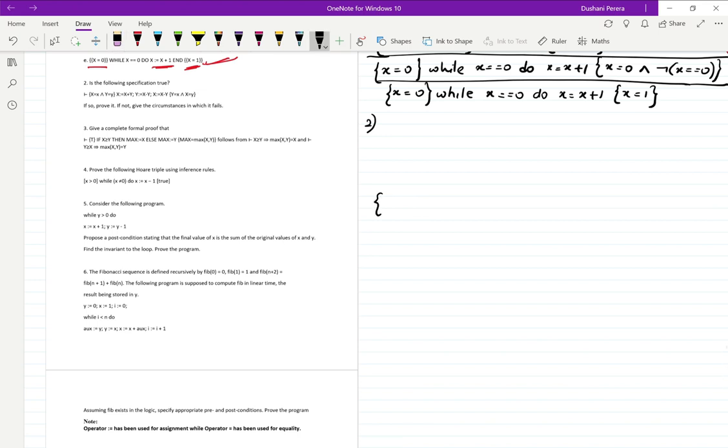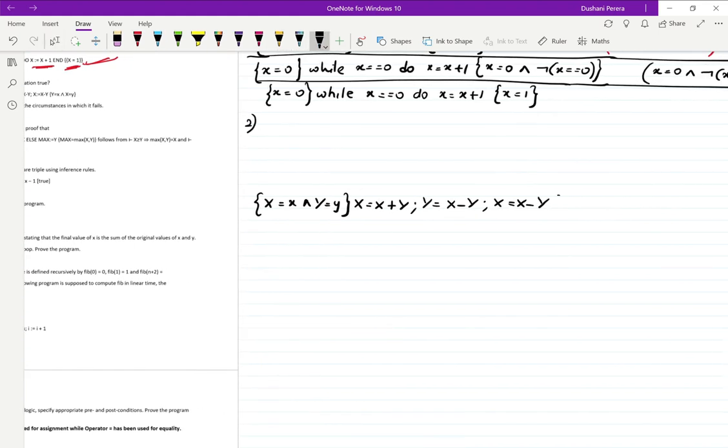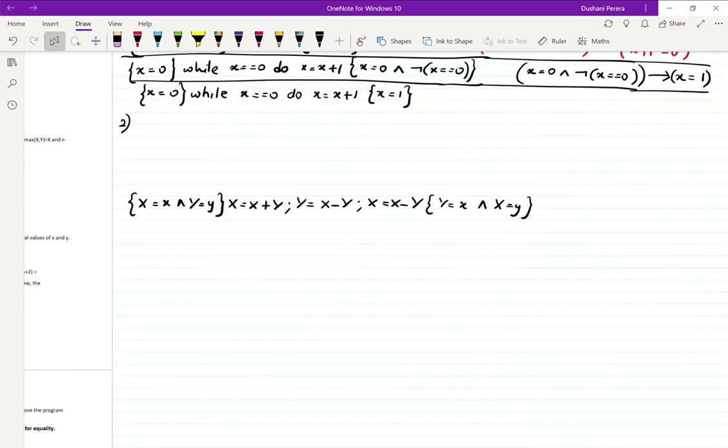So what has been given is x equals x. Okay, so let's write 3 separate Hoare triples using this.